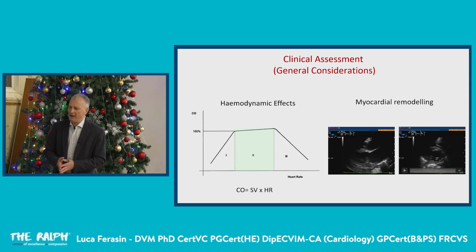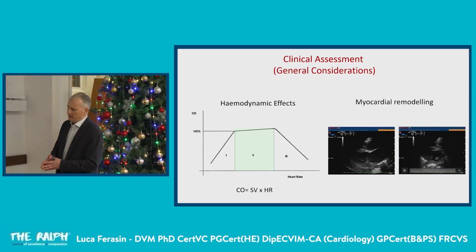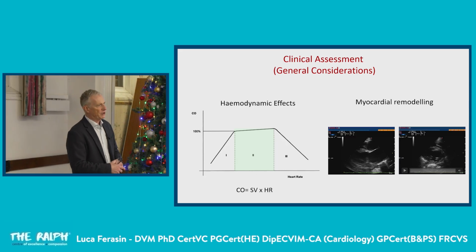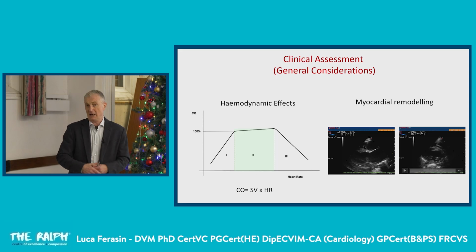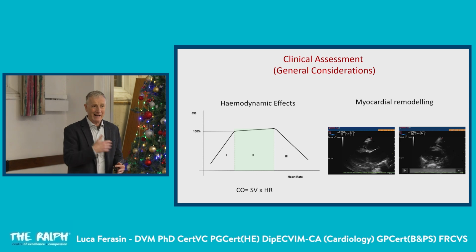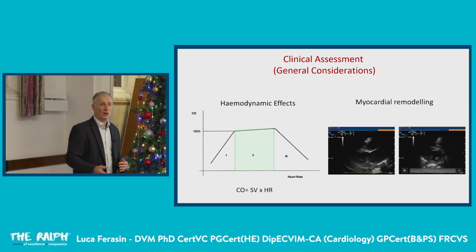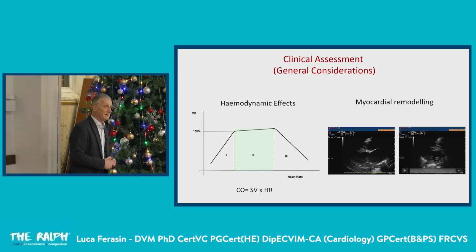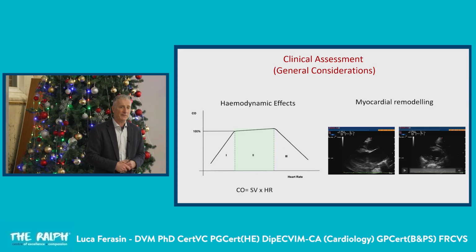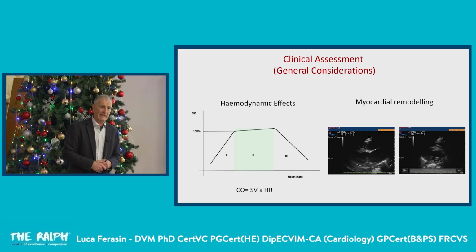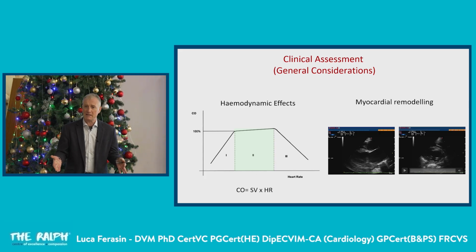For example, if I have a dog in the consult room with 60 beats per minute, that is well within the normal heart rate. But if this dog is mad, running around, jumping on and off the table, that 60 beats per minute would not be high enough for me. I would call that bradycardia, even if it's within the normal range.